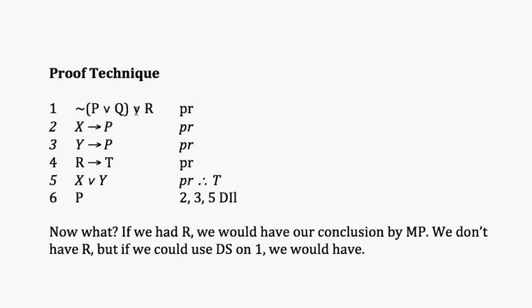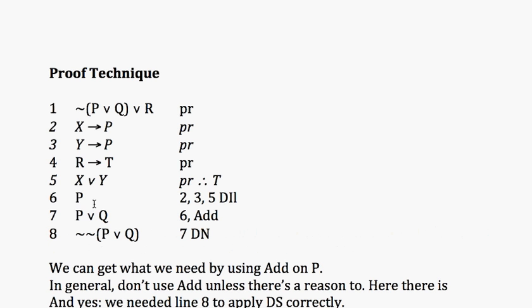What would we need? It's an OR statement. If we had this plus an extra tilde, we could get R. Now, we can't go to that in one step, but if you notice, from P, we can get P or Q just by addition.